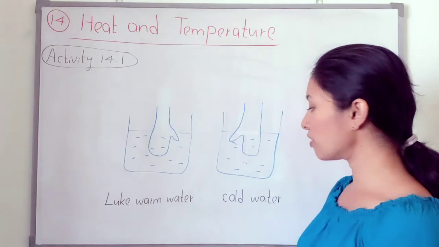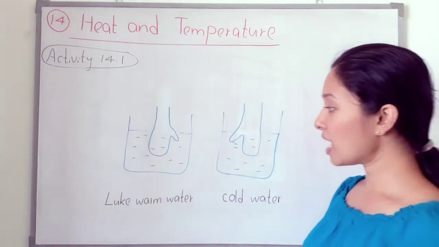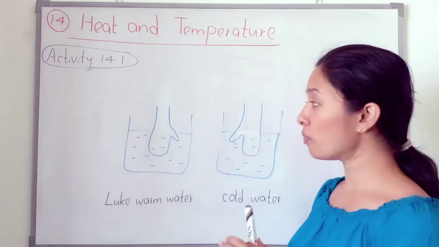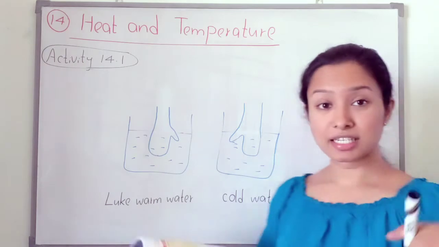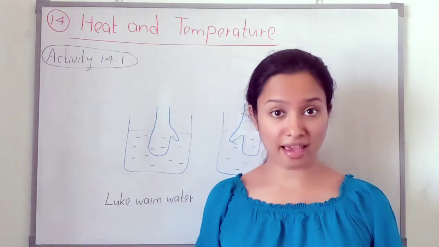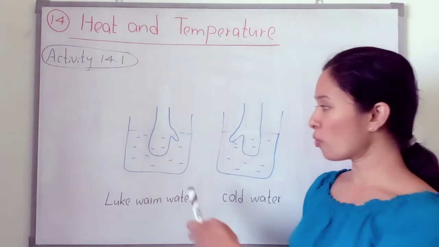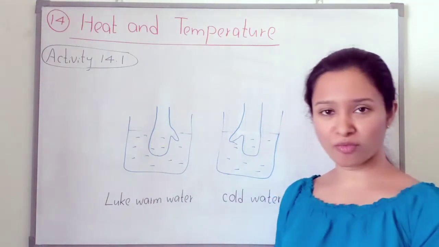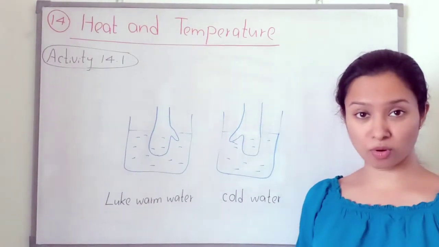Then to the second one we have to put cold water. We have to put the same amount of water in both beakers. Then dip both your hands into the water, one hand in lukewarm water and the other hand in cold water.